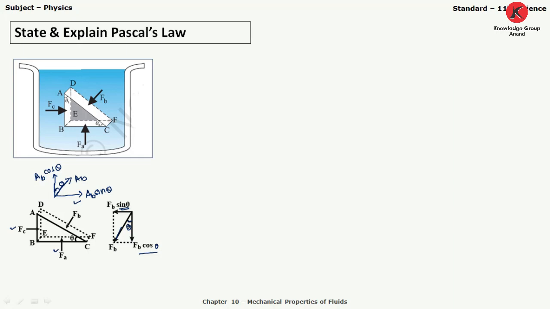If we have considered this angle as theta, so this component becomes cos theta and this component becomes sin theta. Keep in mind.